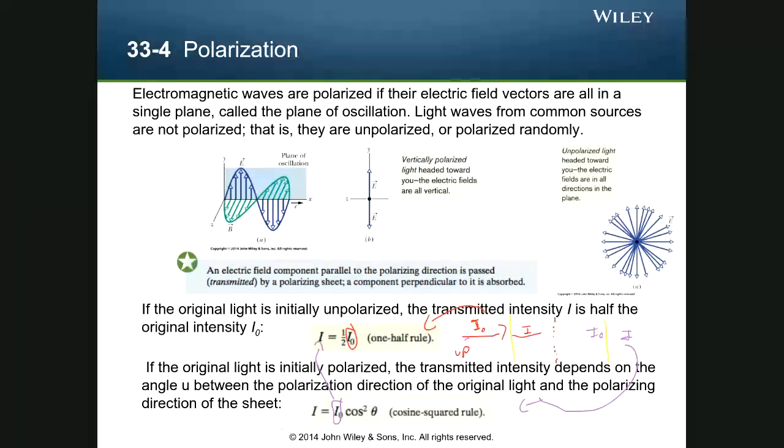So basically, in the top, you have unpolarized light to polarized light, and here you have polarized light to polarized light. Okay, so the angle is not going to make sense here because I'll have a better picture of it. But basically, if you have two polarizers, so this is your polarizer, we'll call that straight up and down.